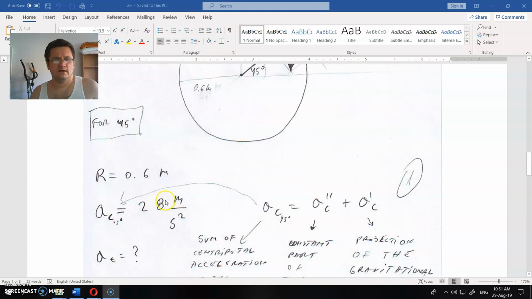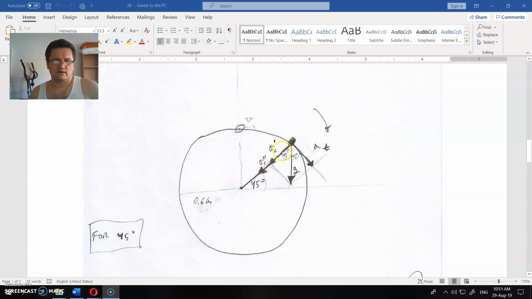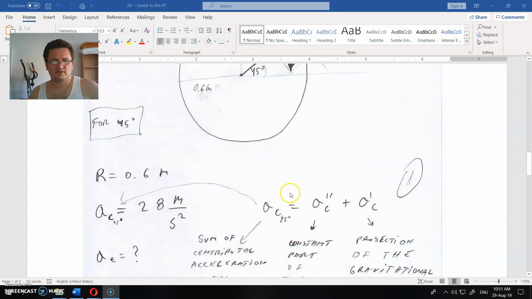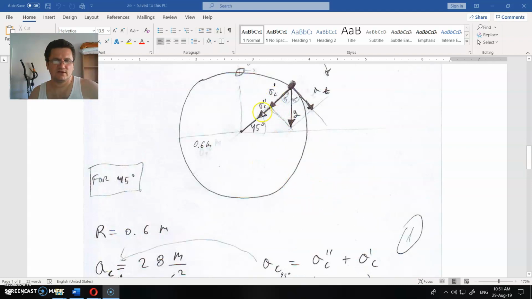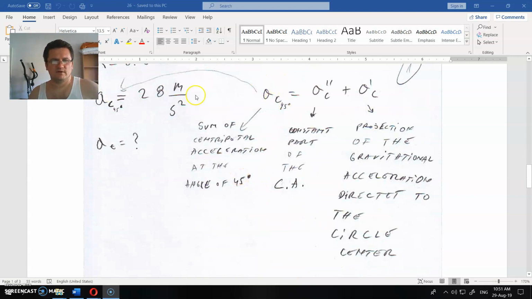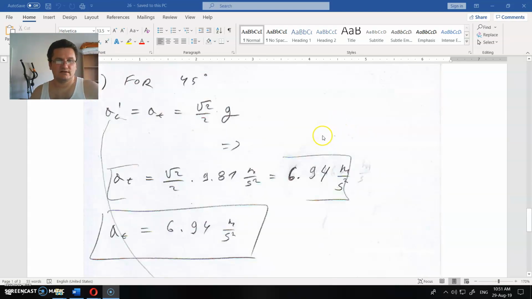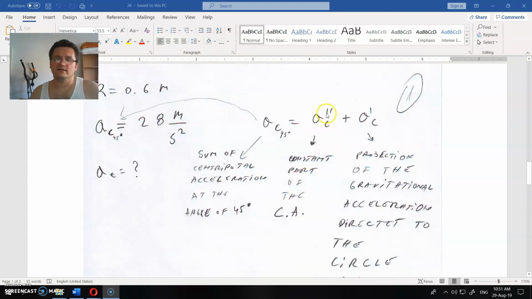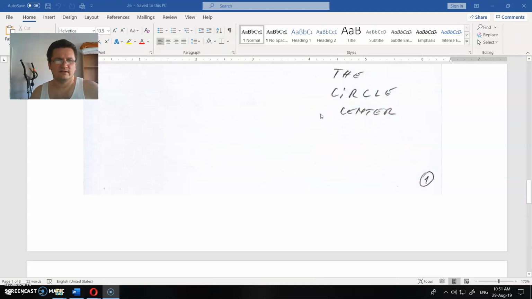So that part is the same. Okay. Here you have the radius, here you have the sum of the centripetal acceleration that consists of the constant part of the acceleration and the projection of the gravitational acceleration. This is the sum. This part we have in 45 degrees. This part is given in the assignment, and this part is calculated here, and this is unknown for us, but it doesn't matter.